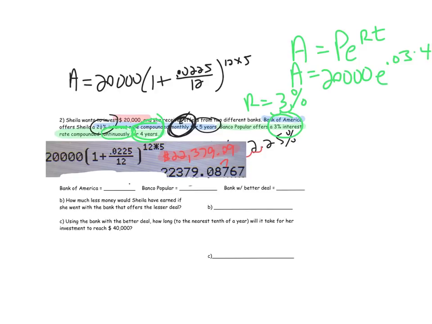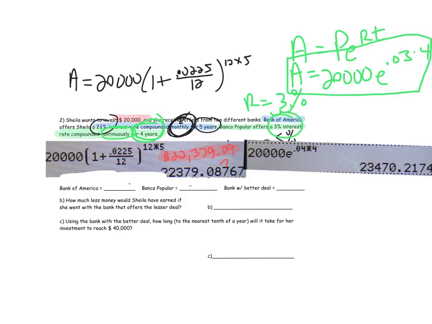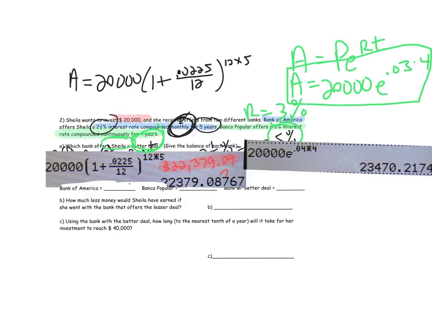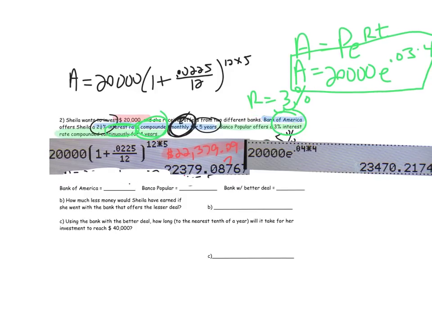So we're going to enter this expression into our calculator: 20,000 times E raised to the 0.03 times 4 power. Here the balance is going to be $23,470, and it looks like the 7 kicks that up to 22 cents.